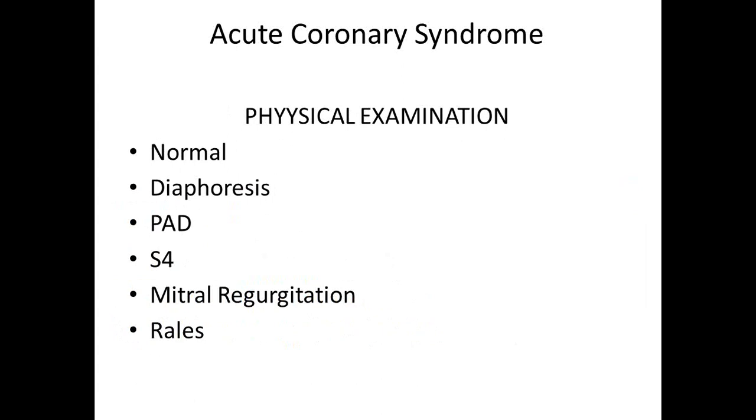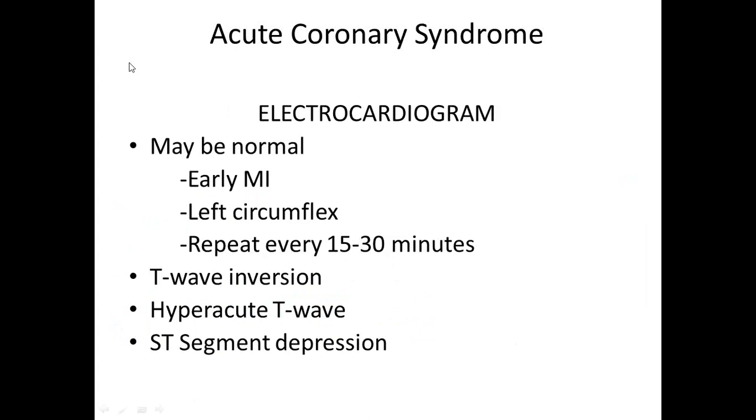Okay, the heart is stiff, and you might get an S4 gallop. Mitral regurgitation if the papillary muscle is involved, the proper functioning of the mitral valve, you're not going to get proper function of the mitral valve, so you get mitral regurgitation. And then you might get rales or crackles in the lungs because the heart muscle is not pumping adequately. So you get fluid in the lungs. Okay, so these are stuff that you can get.